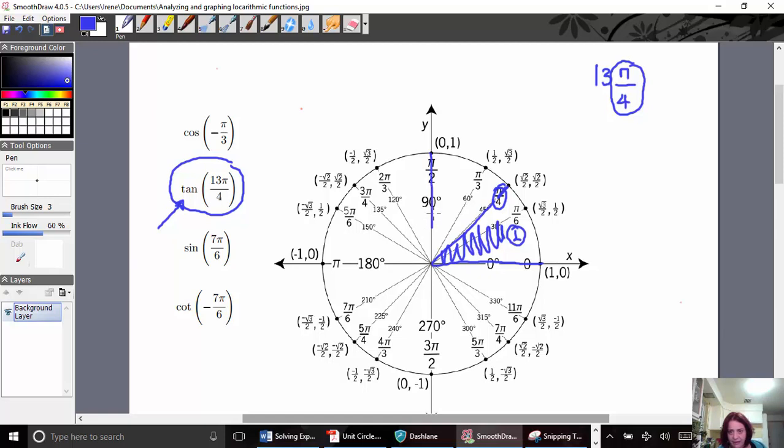The second one will be right here. This is the second pi 4ths. So basically what you need to do is count 13 of them. Let's split the circle into pi 4ths so we don't get confused. So I have 1, 2, 3, 4, 5, 6, 7, 8.